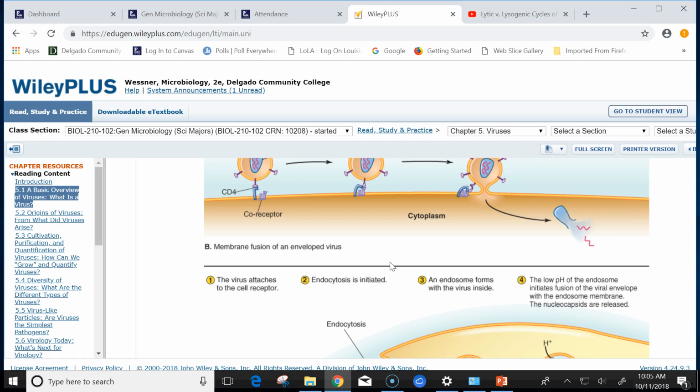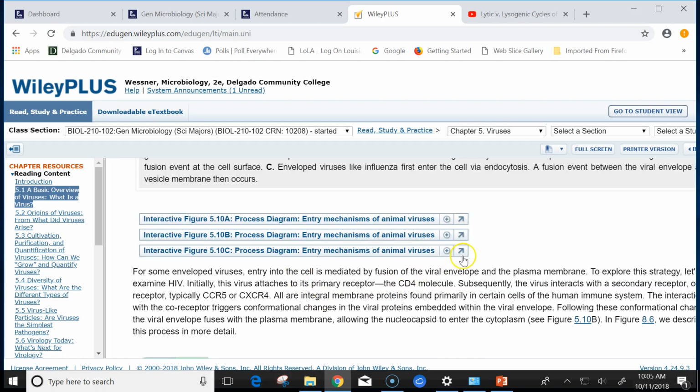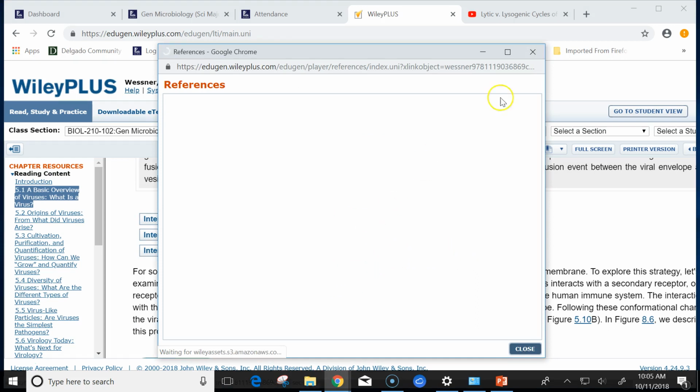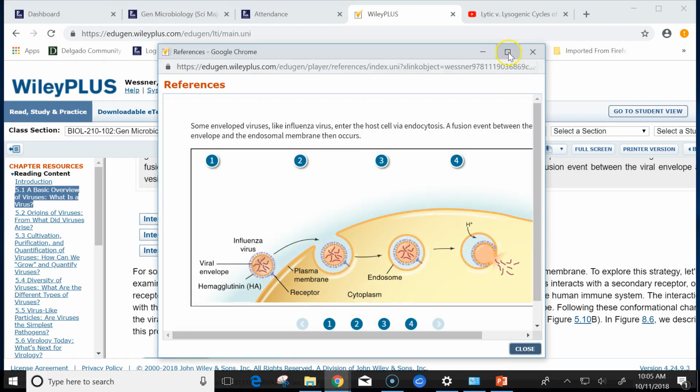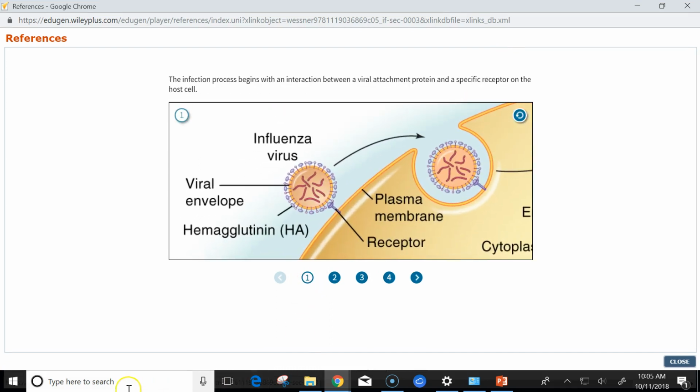All right, so the next one that we're going to look at is endocytosis, but now the virus is what? It's endocytosis again, but what type of virus? It's the influenza virus. And look closely.